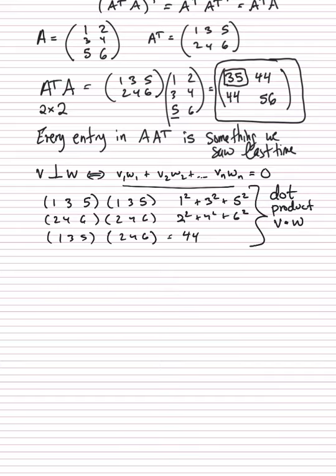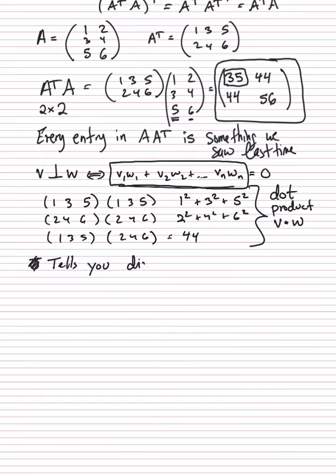But at this point, this is what the matrix multiplication is doing when you're computing A transpose A. You're just checking all of the column vectors of A and looking at various combinations of this form.